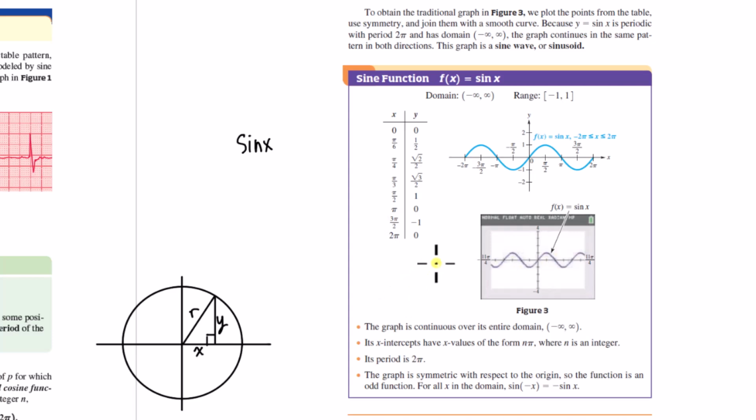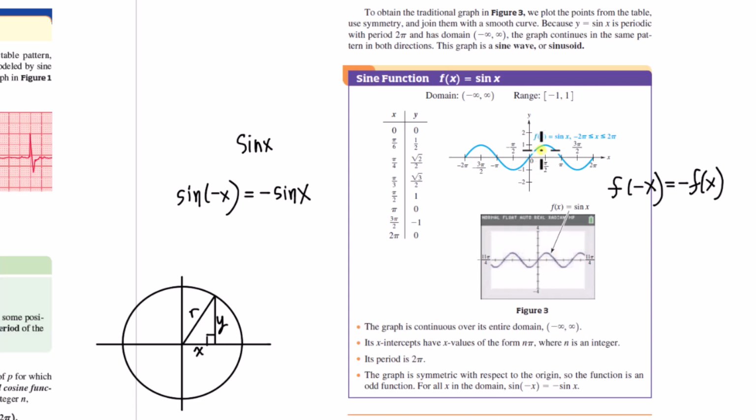So we know it's periodic. It has periodic symmetry with period 2 pi, but it also has another form of function symmetry. The sine function is an odd function, which means that you plug in minus x, and that equals minus f of x. So sine of minus x is equal to minus sine of x. The way you view that is that it's symmetric with respect to the origin.